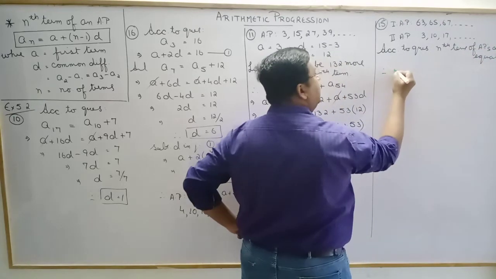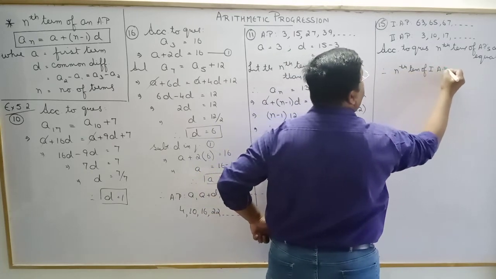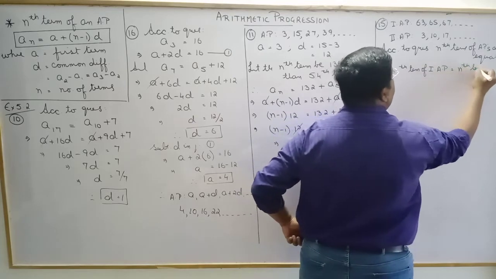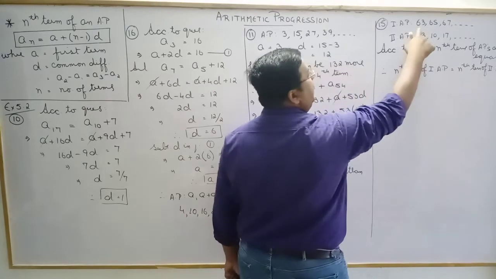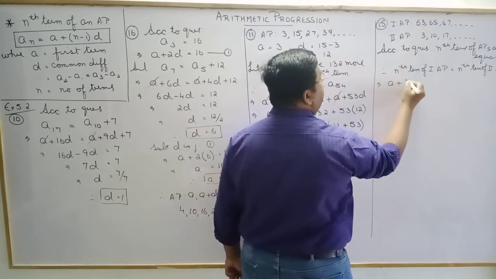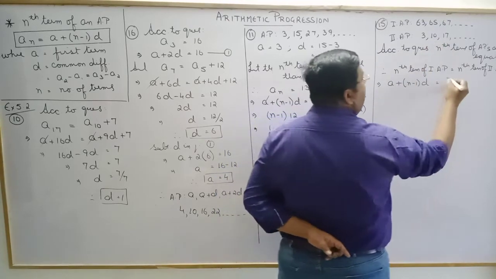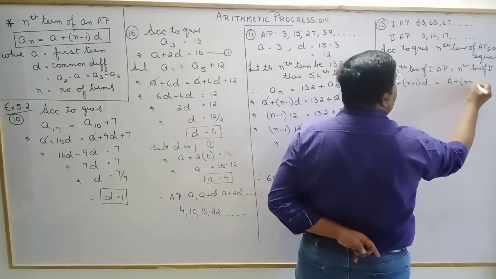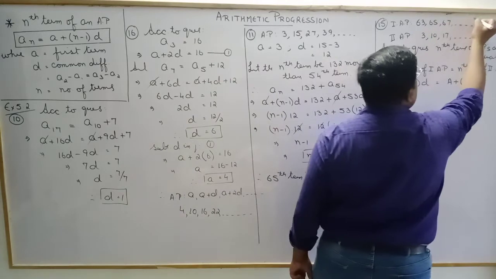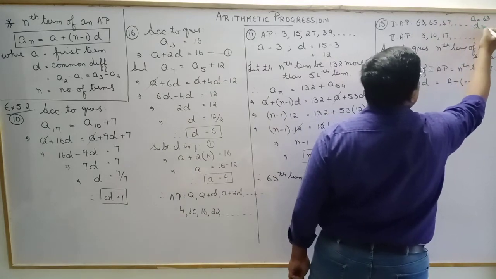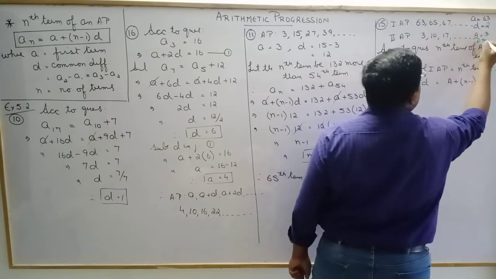So therefore, the nth term of the first AP is equal to the nth term of the second AP, correct or not? So the nth term of the first AP, a plus n minus 1 into d, is equal to the nth term of the second AP, which I'll write as capital A plus n minus 1 into capital D. Right? How much is A over here? 63. How much is D? 2. For capital A, 3 and capital D, 7.